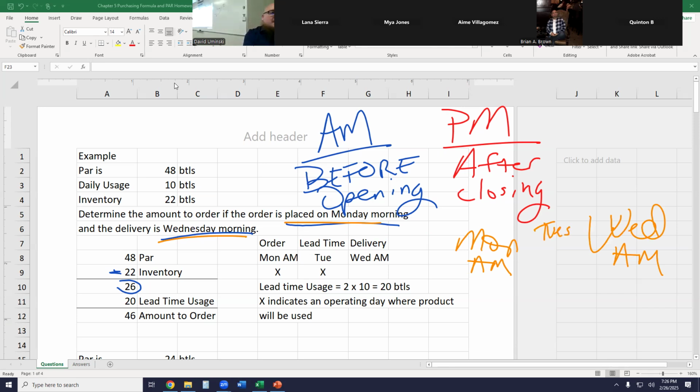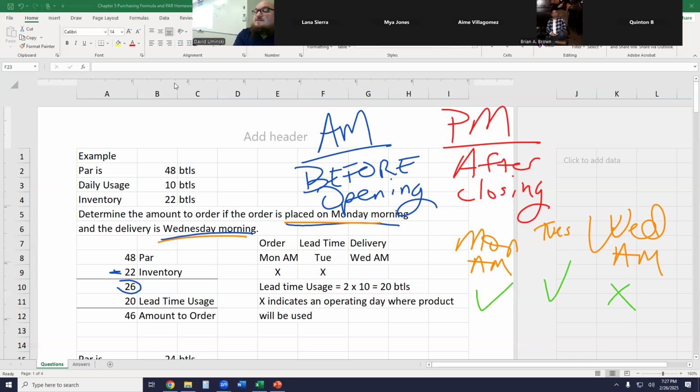And then we can ask ourselves a question. If I place my order on Monday, am I going to use product on Monday? I place it before we open, so yes, I'm going to use product on Monday throughout the day. I'm definitely going to use it on Tuesday. If my order is delivered on Wednesday before I open, am I going to have any lead time usage?